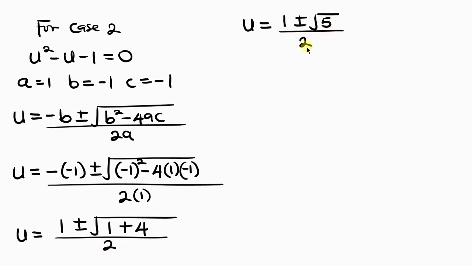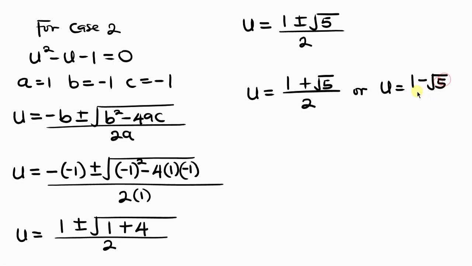Very good. Now we have two values of u here. We have u equal to 1, going for the positive, plus the square root of 5 all over 2, or u is equal to 1, now going for the negative, minus the square root of 5 all over 2.